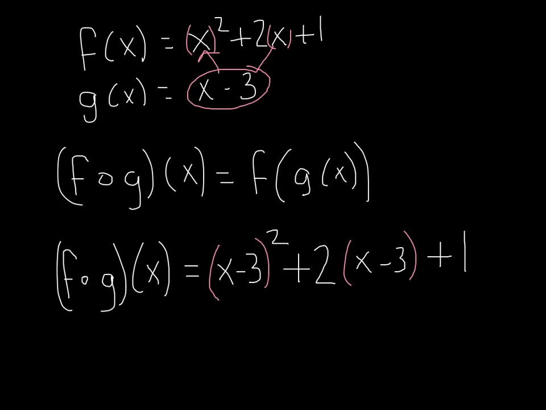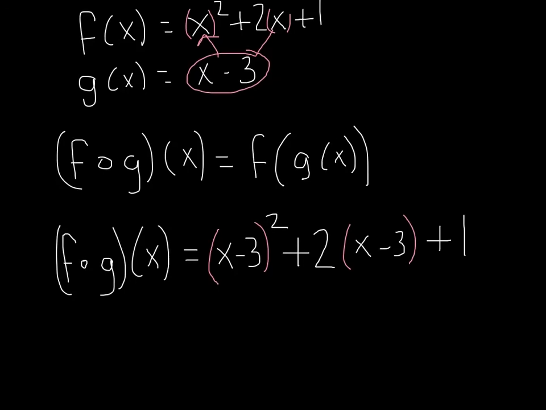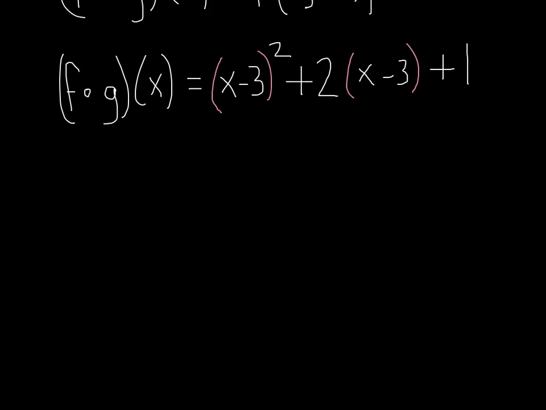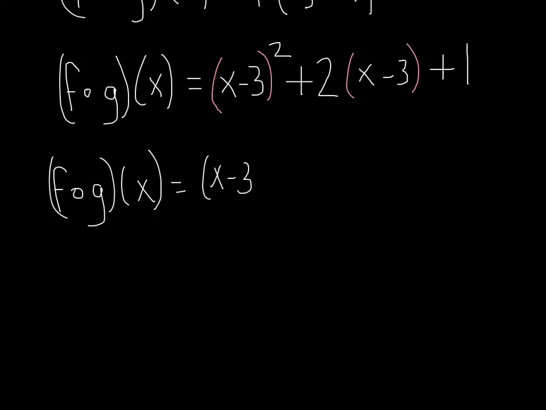So now I just need to simplify the problem and make it look a little bit more attractive. So now what we have is f composed with g of x is equal to x minus 3 times x minus 3 plus, now on this one I'm going to go ahead and do the distribution of 2 right here.